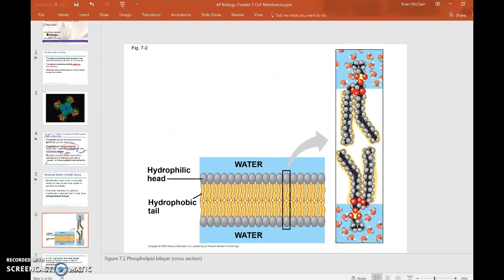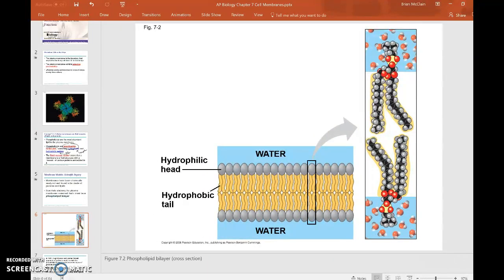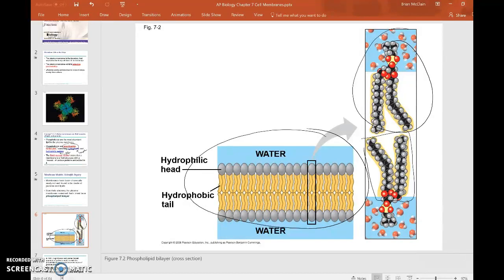So if we look at this image right here, this is our bilayer. Obviously there are some other things that are going to be in there that we'll see, but this is the majority of what makes up the bilayer. If you take a look at what our individual phospholipids actually look like, you're going to notice that we have the tail regions, which are hydrophobic.